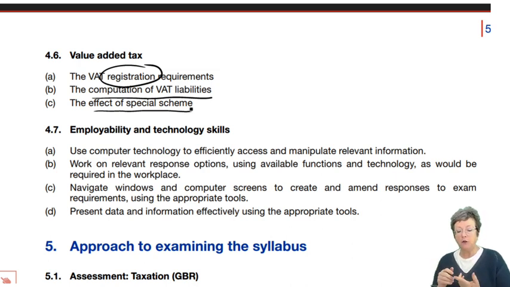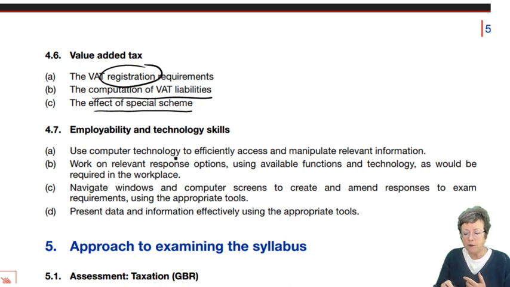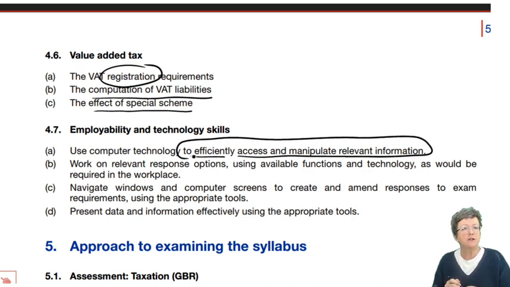So can you use technology efficiently to access and manipulate information? In other words, put it on various forms, forms online. The word's gone out of my head. Please forgive me.